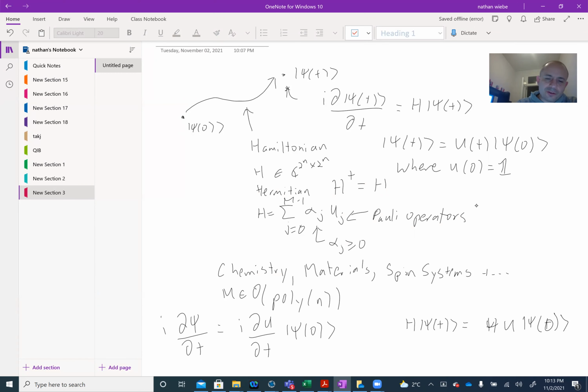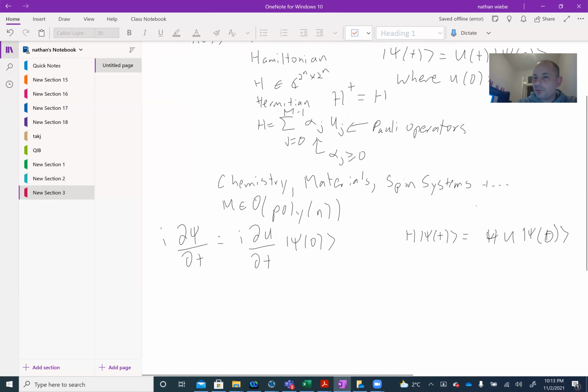This allows us to re-express the differential equation for the vector as a differential equation for this operator. And so the Schrodinger equation for the operator can be written in the following form.